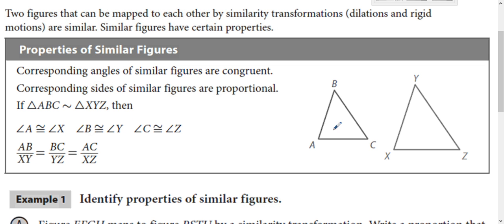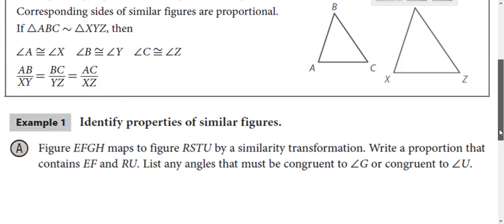We're told they're similar. That means their angles are congruent, A and X, B and Y, C and Z, and the side lengths are proportional. So AB over XY is the same ratio as BC over YZ and AC over XZ. Just the corresponding sides would be proportional.